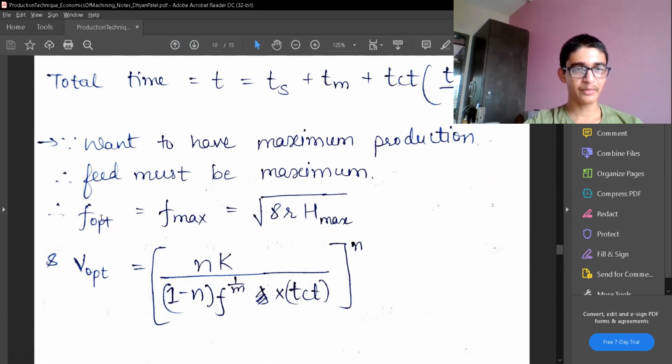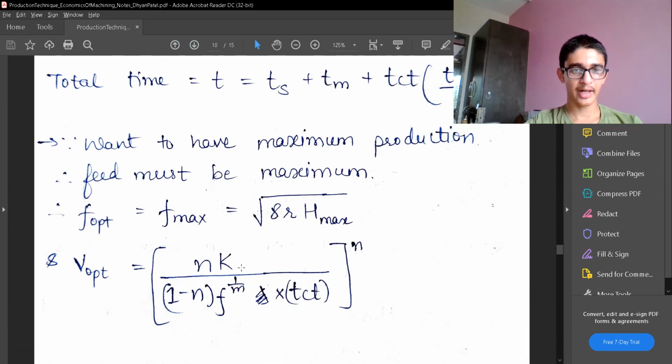To get the V optimum, I use Taylor's tool life equation, or I can differentiate R with respect to velocity and get that optimum velocity by equating del R by del V equal to 0. So this is the formula. The only change in this formula, all the things remaining constant, is this.